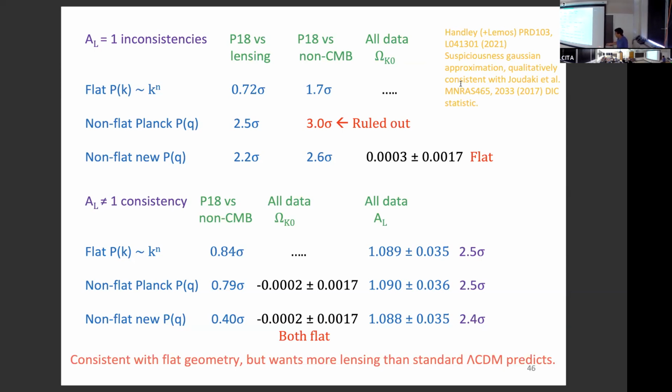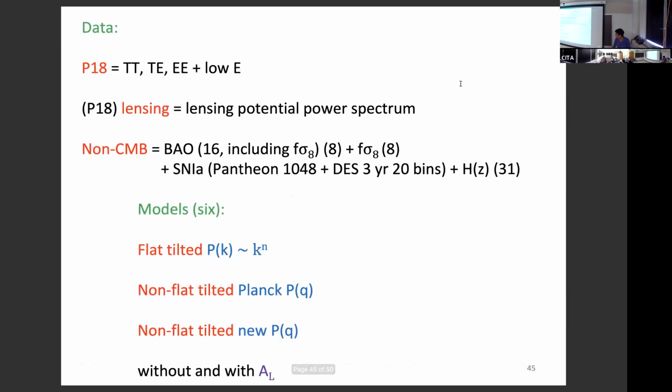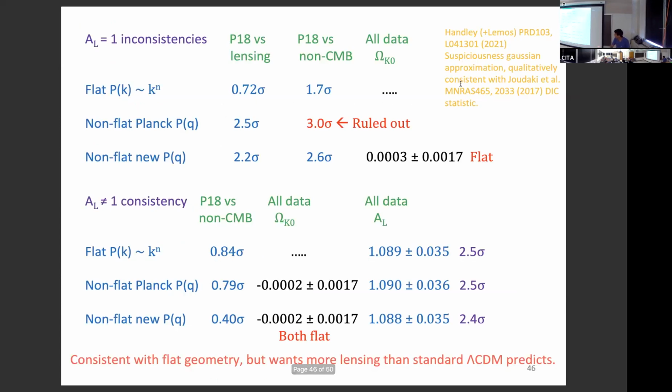When you do it with all the data, omega k is again well consistent with flat geometry, but the issue then is A_L, which is now about 2.5 sigma away from what you'd expect for the flat lambda CDM model, which predicts A_L equal to 1. So I think we're consistent with flat geometry, provided you use this growth factor data instead of the other emerging probes.